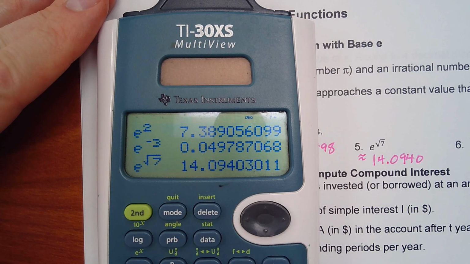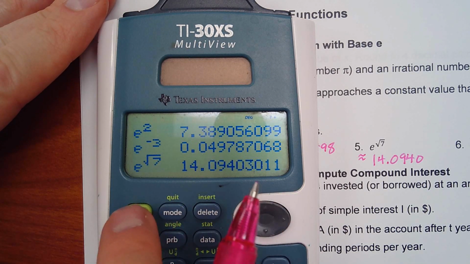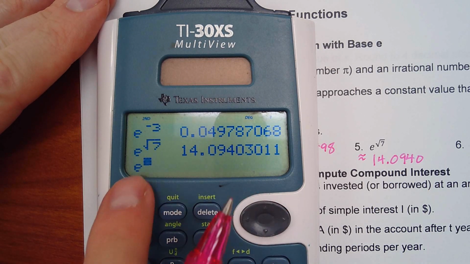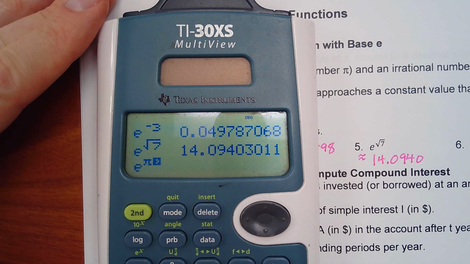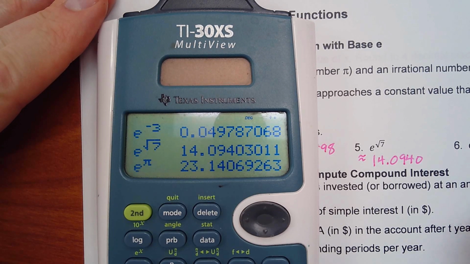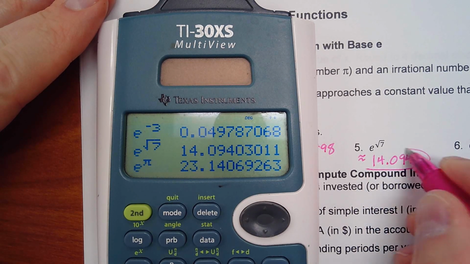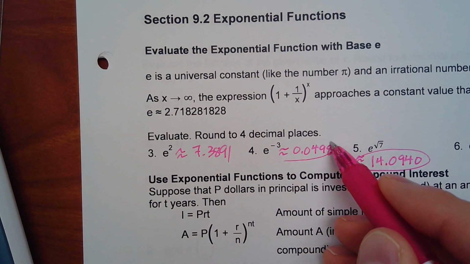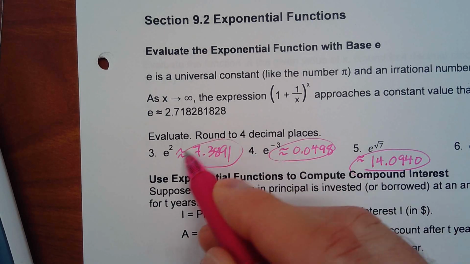And we just did e to the pi a little while ago, but let's just practice. Second ln, no second here, just my pi key here. To 3.1407. So again, just make sure you can get these on your calculator. That's going to be important.